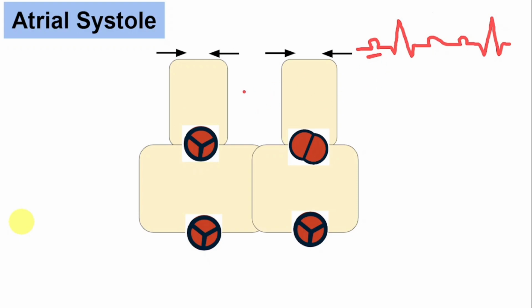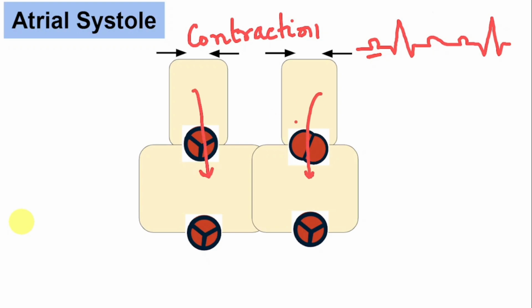This depolarization is followed by atrial systole, that means contraction of the upper chamber. Both the auricles will contract. These two arrows indicate contraction or systole in the atrium. So the blood will flow down and empty the atrium completely.